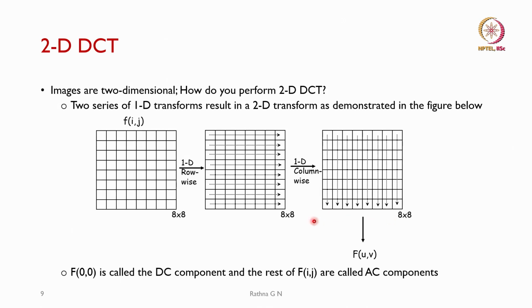So we can use row decomposition and then column decomposition together to get our final output F of u comma v. We say that F of 0 0 is called the DC component and the rest of F of i comma j are called AC components.